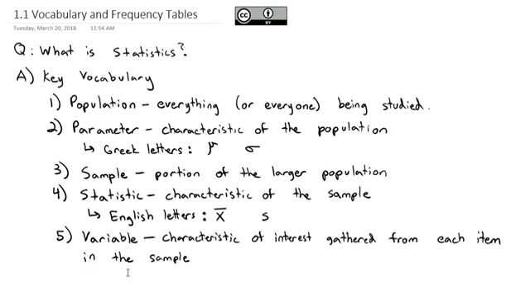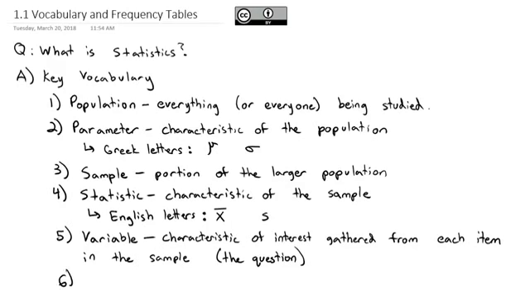Another way to think about the variable is it's really, when I'm conducting a survey, the question that is being asked. So for example, with our college students, we'd be asking them, what is your GPA? Our variable is the GPA.